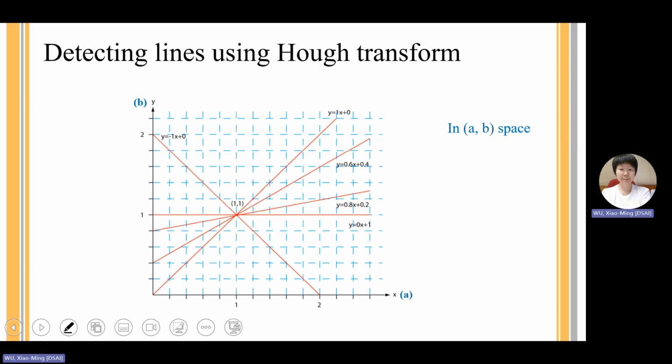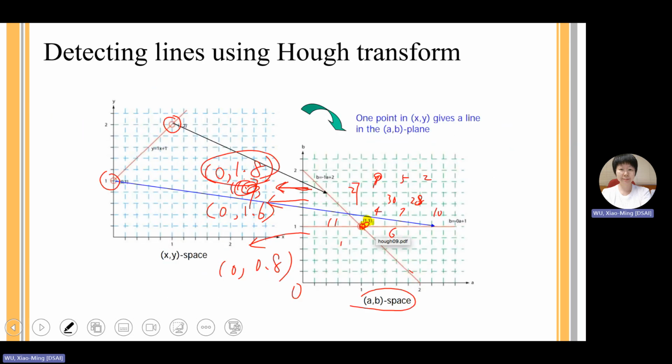Okay, so we identify their intersection points. And if this intersection point belongs to a certain cell, then we increase the count, the value of this cell. We do this for every pair of points within the edge map.